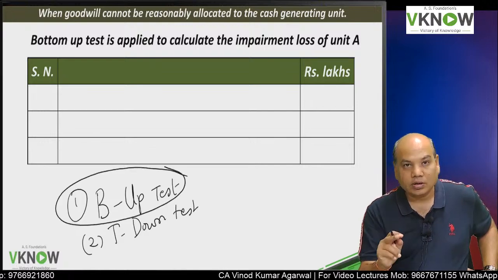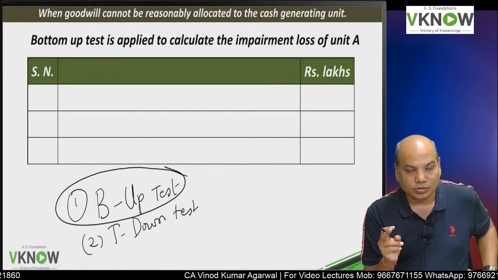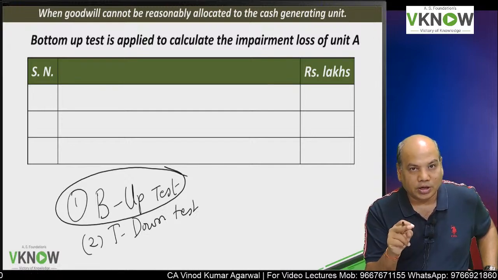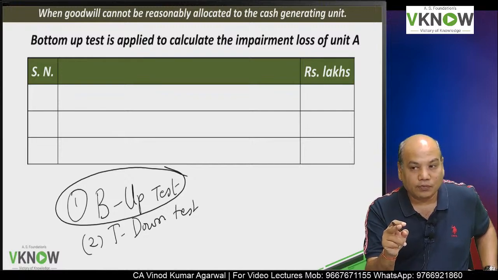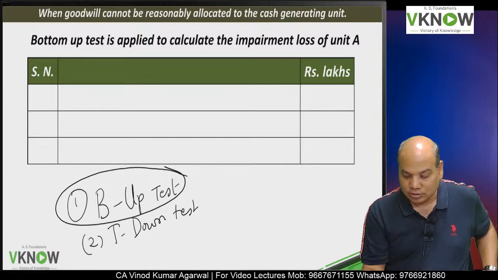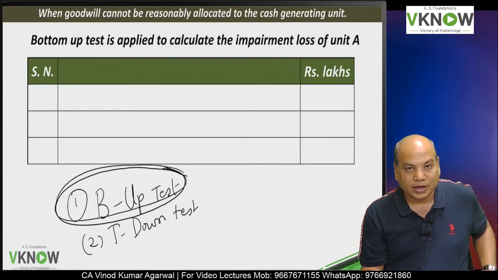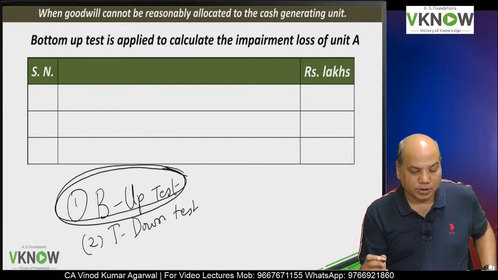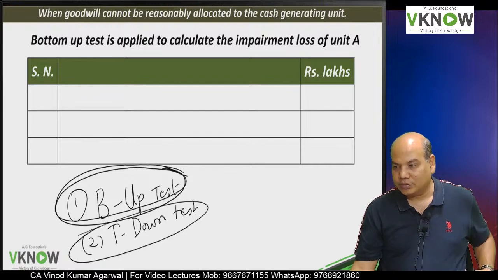Bottom up test will be performed in both the scenarios. If goodwill can be allocated, allocate goodwill and then apply impairment testing. If goodwill cannot be allocated, then also perform bottom up test, and after that, you will perform the top down test. Is it right?